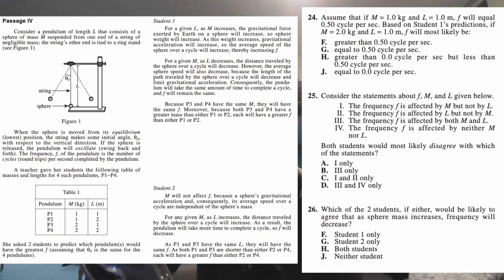So that's false, and student 1 is not in agreement with this statement. Let's check student 2 now. Student 2 believes that mass will not affect F, right? So he also disagrees with the statement, meaning that both students disagree, making J the correct answer. Neither student agrees.